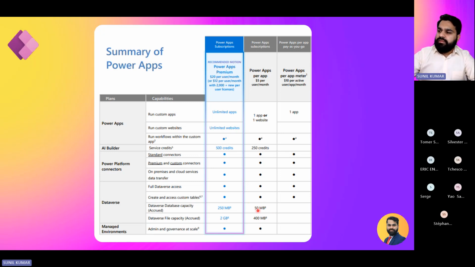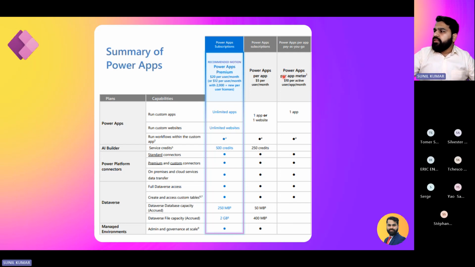Along with that, per license 50 MB of the database capacity will be added to the tenant. In case of Power Apps Premium, it was 250 MB. Now, along with that, file storage capacity of 400 MB will be added per user for the tenant. Okay. Similarly, for managed environment, they will have access to admin and governance at scale.